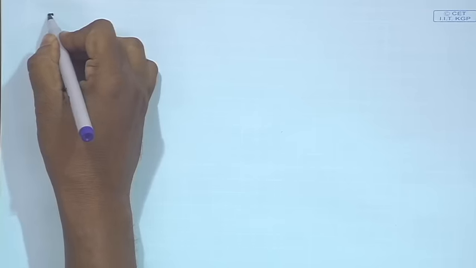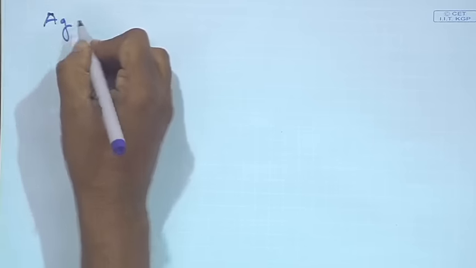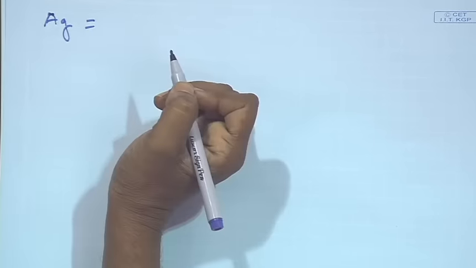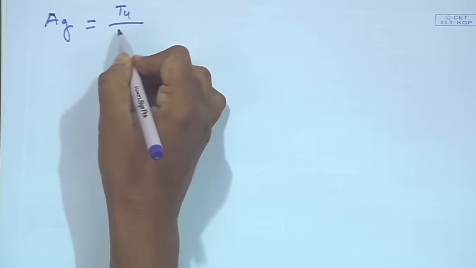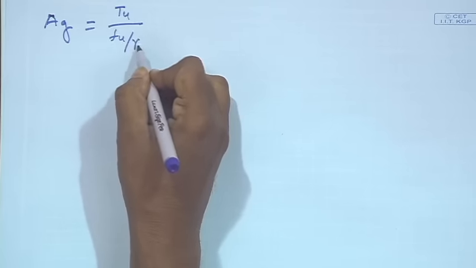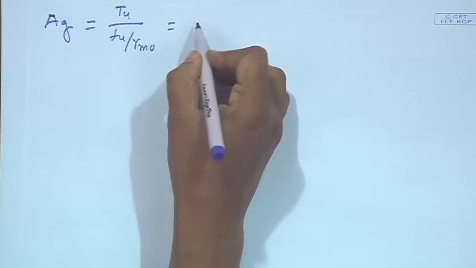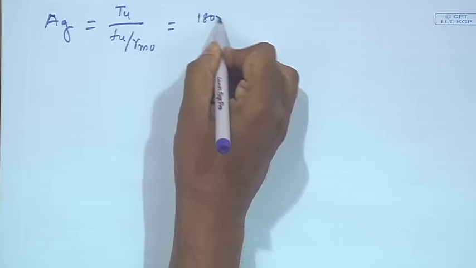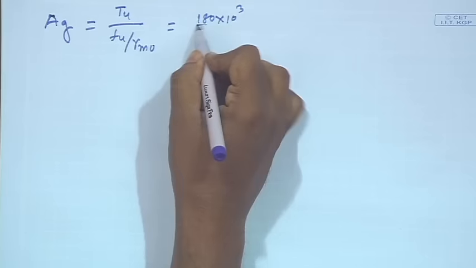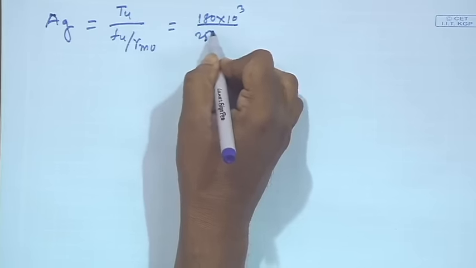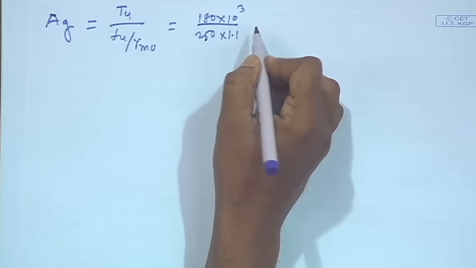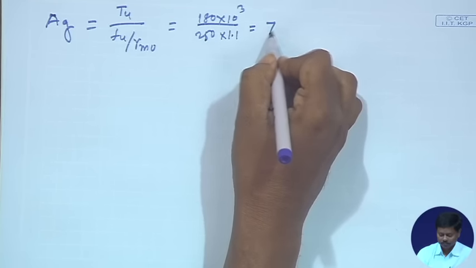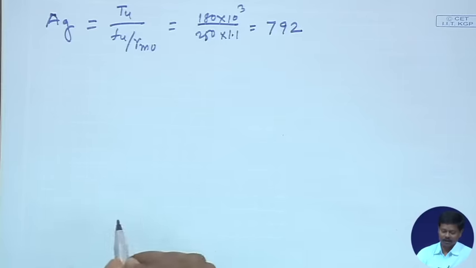So, first we will find out the gross area, means Ag, gross area required of the member. We will first find out Tu by (fy by gamma m0), that is 180 into 10 cube by (250 by 1.1), which is 792 millimeter square.